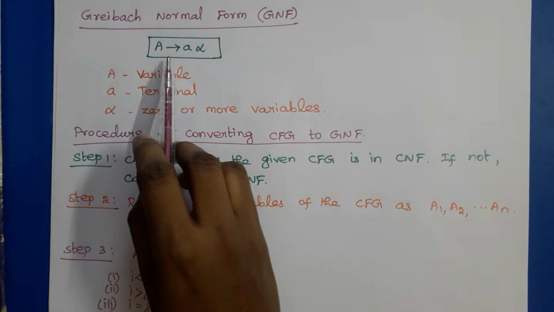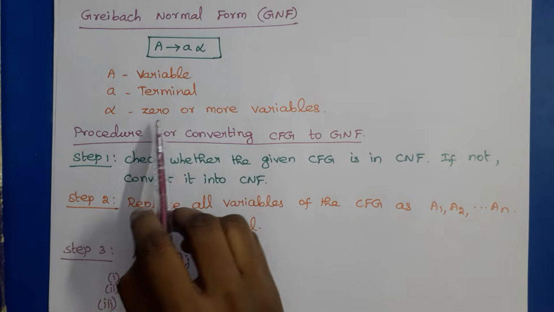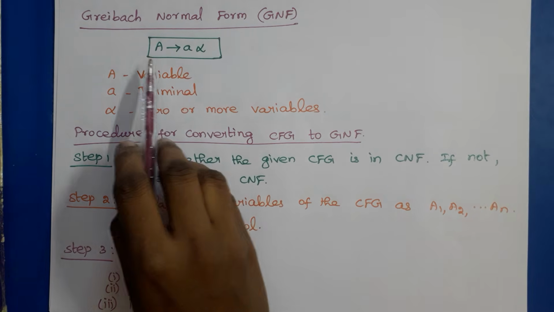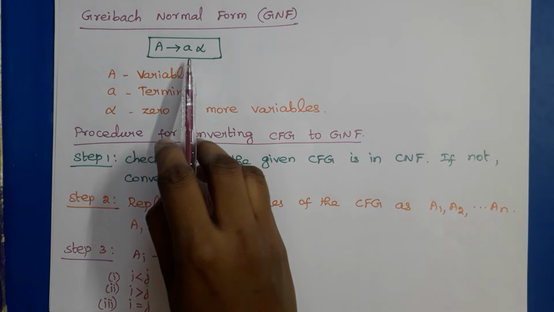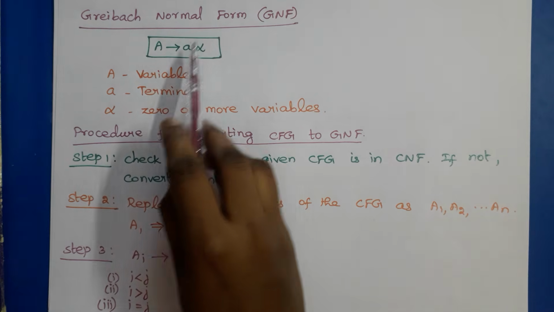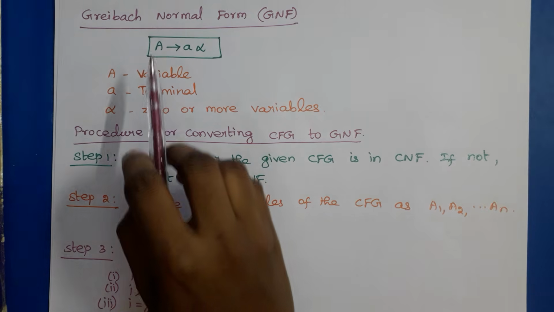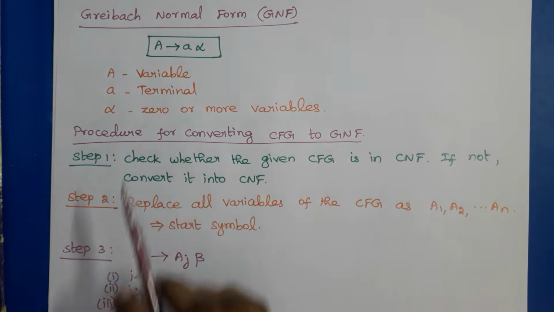A variable tends to a single terminal symbol, because alpha may be 0 or more variables, right? So a variable tends to a single terminal, or a variable tends to a terminal followed by any number of non-terminals or variables. So this is the general form of GNF.